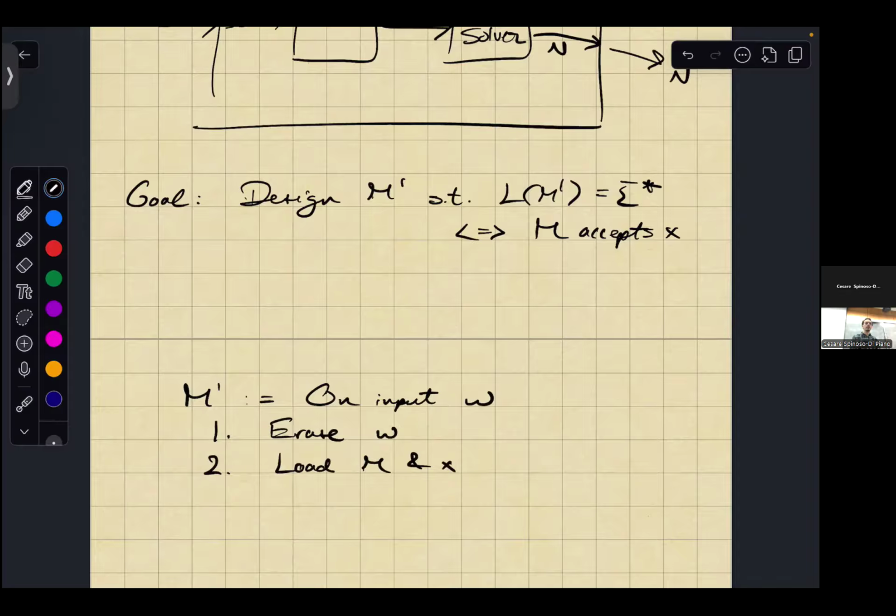The reason is that I'm going to use the code of M to run it on X.